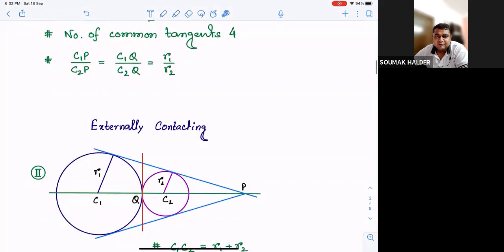The earlier conclusions of P being the external section point of C1, C2 in the ratio of R1 is to R2 will still be true by the same idea of similar right triangles.